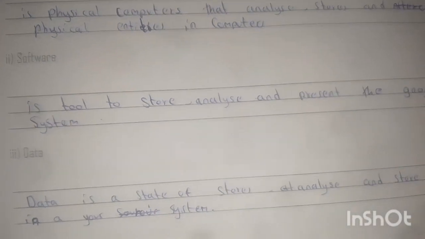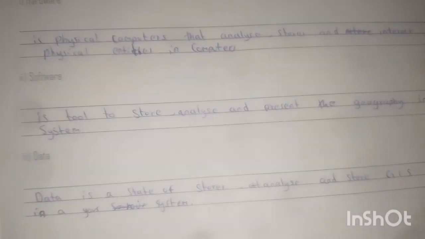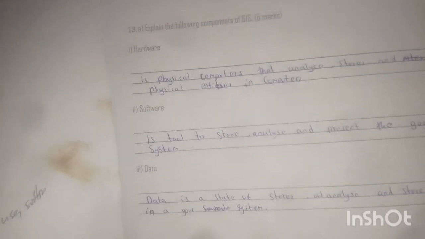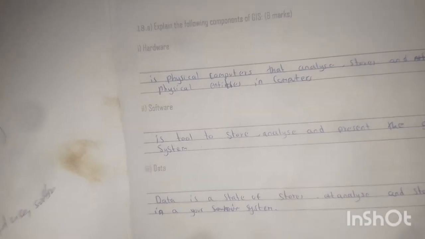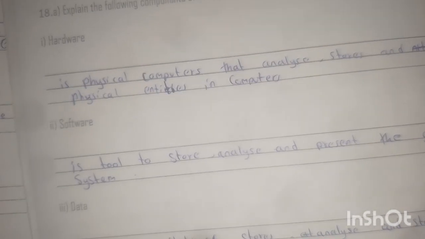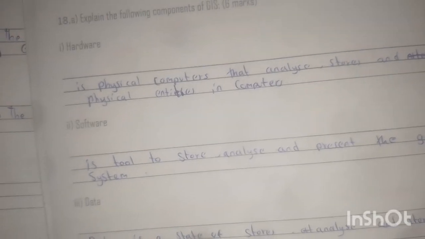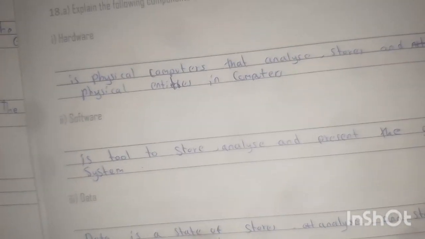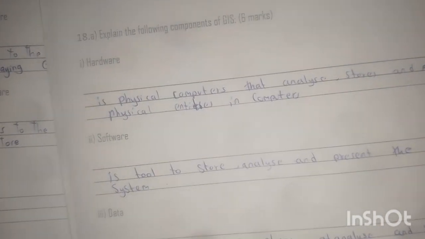So software is a tool to store, analyze, and present the geographical information system data. And this includes the GIS programs for mapping, and we can have spatial analysis techniques, even the apps like ArcGIS, we have QGIS.